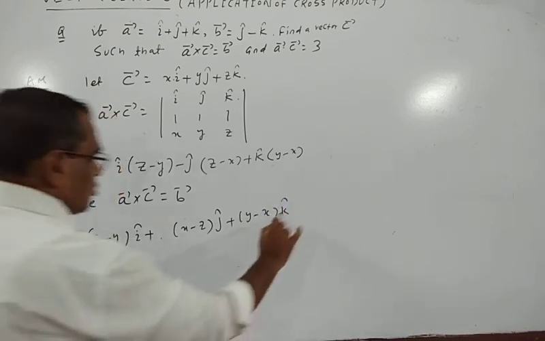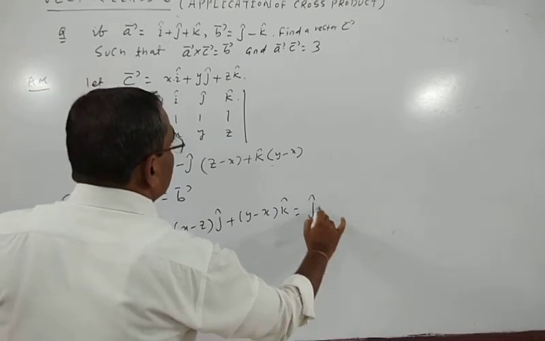But this is equal to b vector. What is b vector? j cap minus k cap.